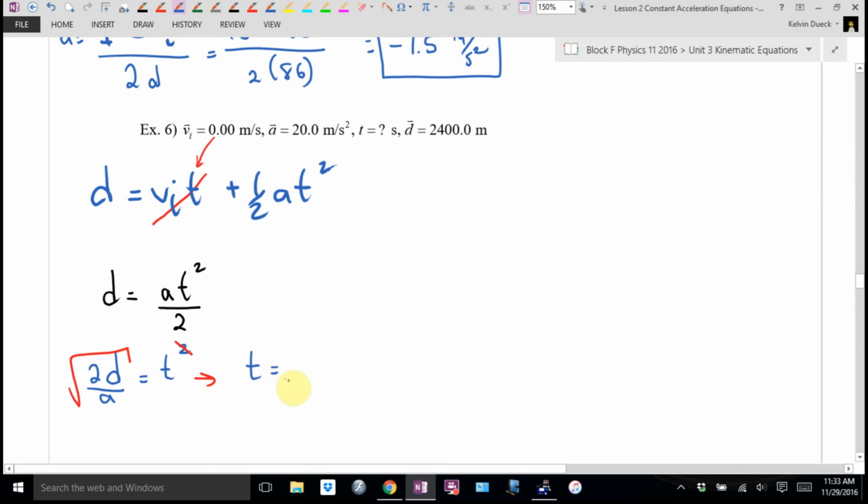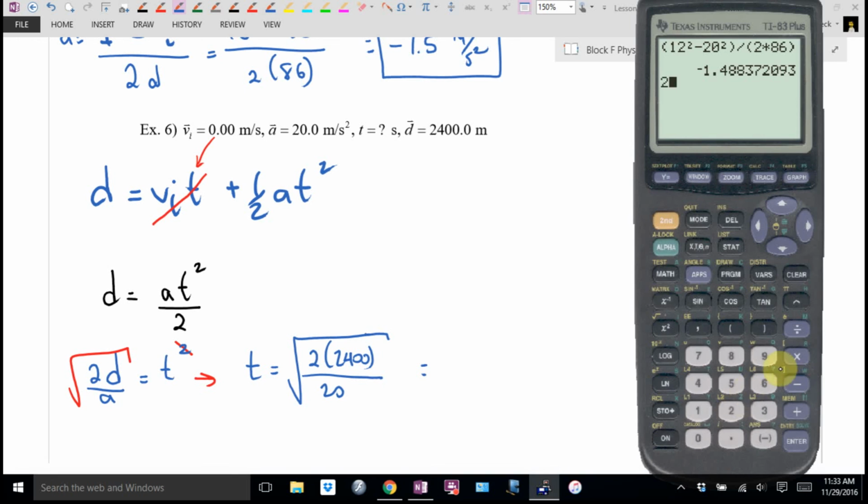T equals the square root of 2 times the distance divided by 20. 2 times the distance divided by 20.